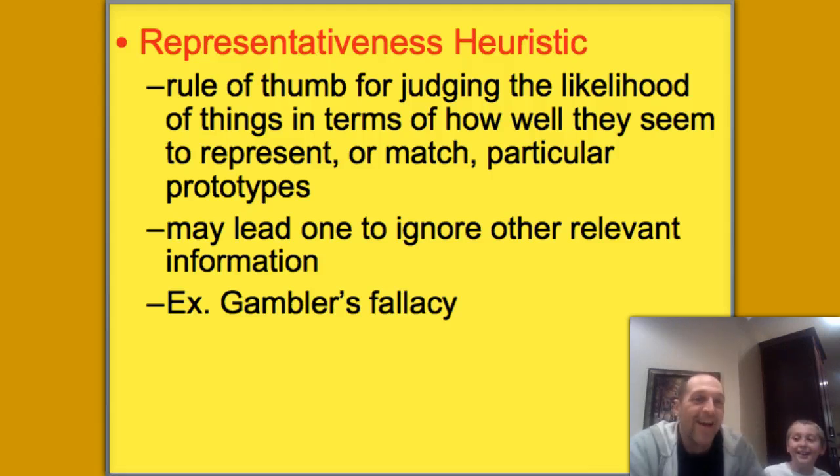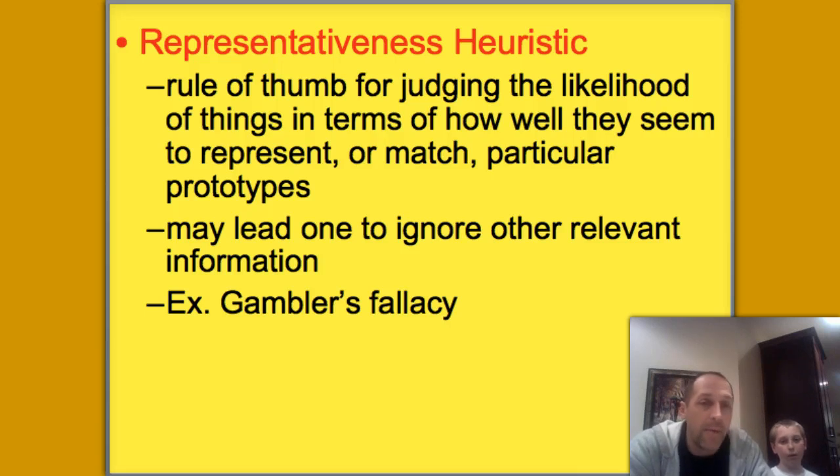We're moving on. A lot of people will think, well, gosh, it's been 10 heads in a row, so on this 11th one, the odds of it being a tail have got to go way up because we've had so many heads in a row. And really, that's the gambler's fallacy.